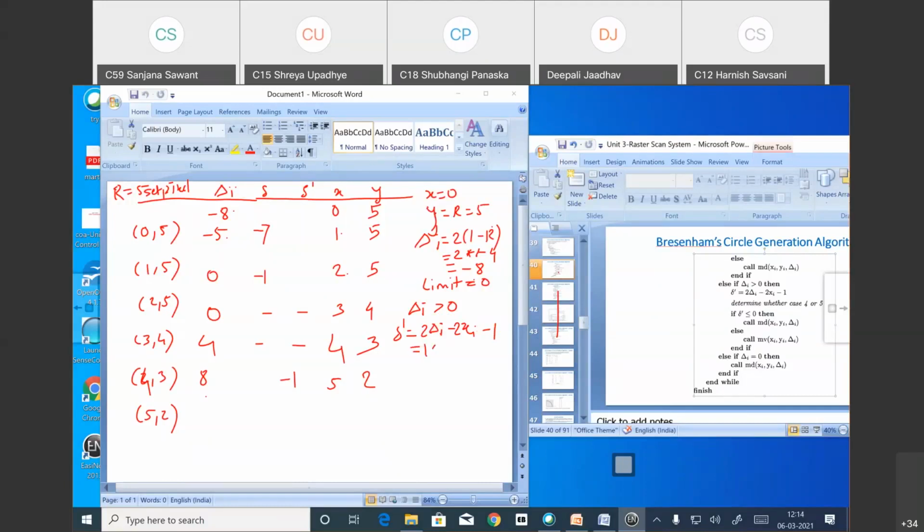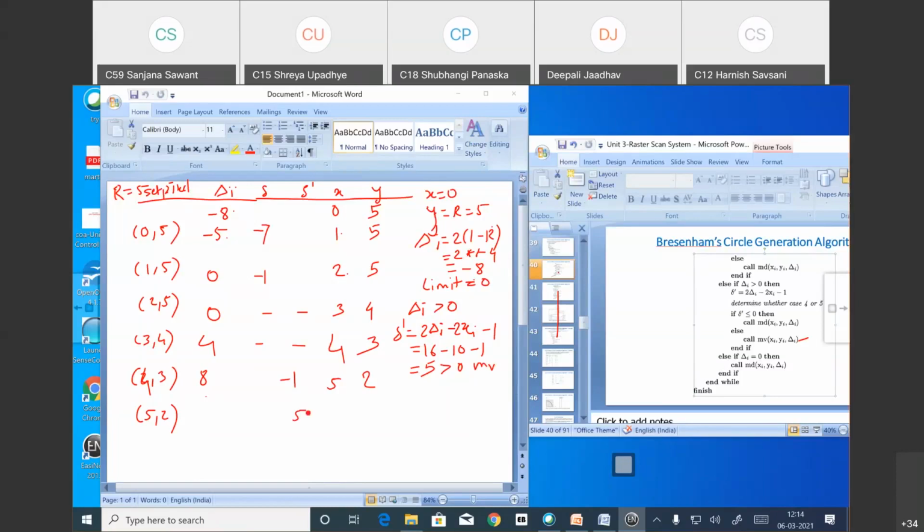So 16 minus 5 multiplied with 10 minus 1. What is it? 6 minus 1, 5. Delta dash is 5, which is greater than 0. If it is greater than 0, then we call MV, vertical point. So here we call MV. Delta dash we have calculated here. It is 5.